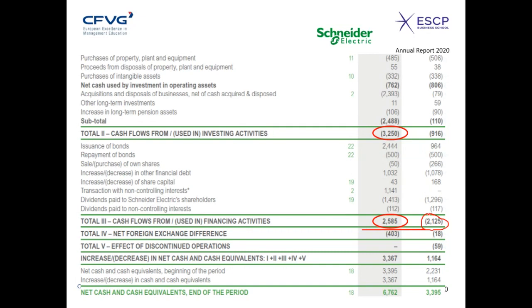So if, for example, I have a lot of investments and my operating cash flow is not sufficient to cover those investments, well, obviously, I need to raise extra money in the financing section, and therefore my financing cash flow would be positive. If, on the other hand, my free cash flow is very high and I don't need the money, well, I can spend this money in the financing section and my financing cash flow would be negative.